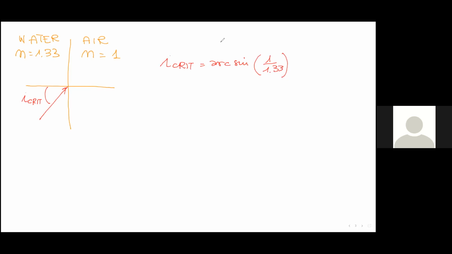Can one calculate this with a pocket calculator? No, in degrees.